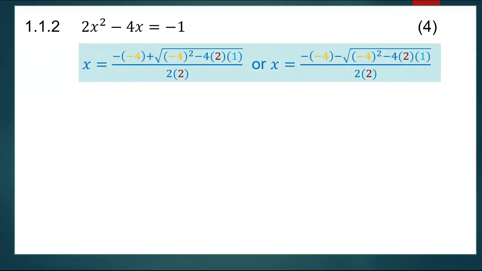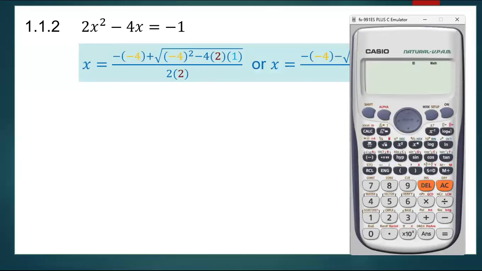Now I can do my substitution. You start with negative, open brackets, negative 4, close brackets, plus square root, open brackets, negative 4, close brackets, raise it to the exponent of 2, minus 4, open brackets, 2, close brackets, open brackets, 1, close brackets, and then go to the denominator.